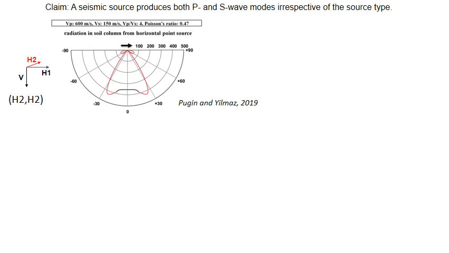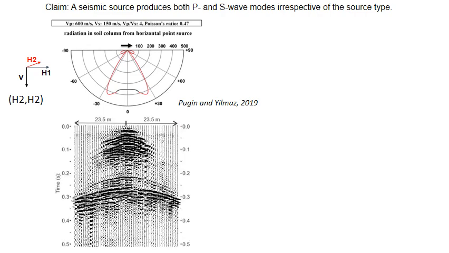The radiation pattern of S-wave is at the vertical from the source within an angle of plus minus 30 degrees, called SH. The corresponding field records show a good match with the model, with spectacular hyperbolic reflection at the vertical of the shot record.